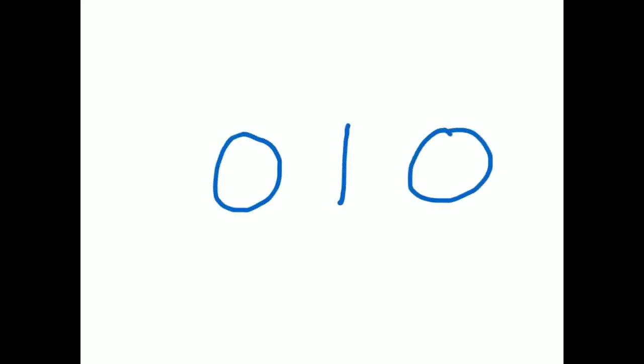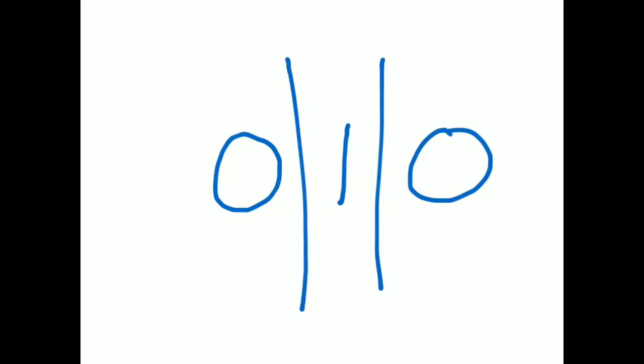Binary is base 2. What that means is that rather than each column being 10 times greater than the column to the right, it's going to be 2 times greater. In other words, it's going to be double. It's going to be twice as big. So when you write out a binary number, like this for example, we can put it in columns just like we normally would.